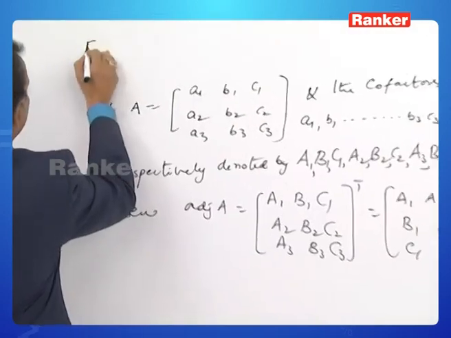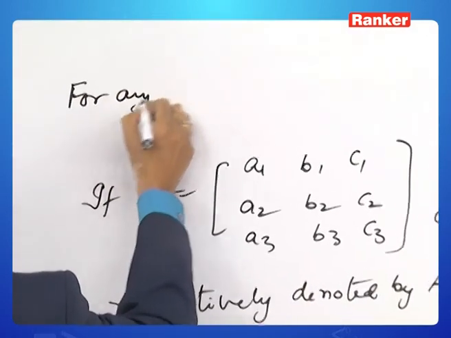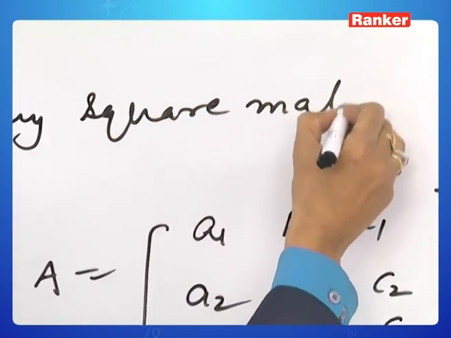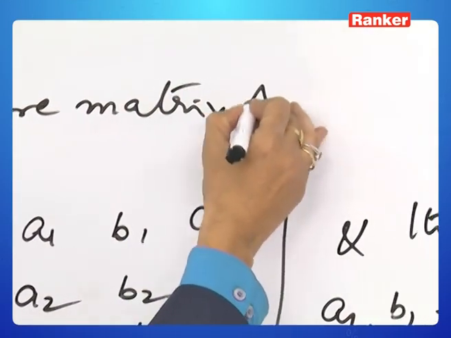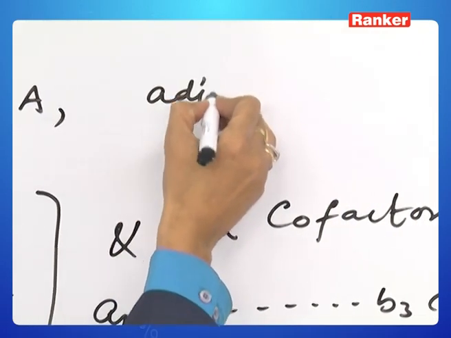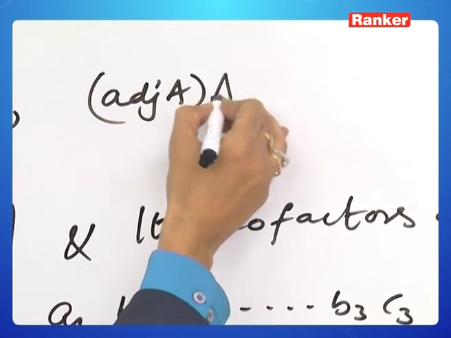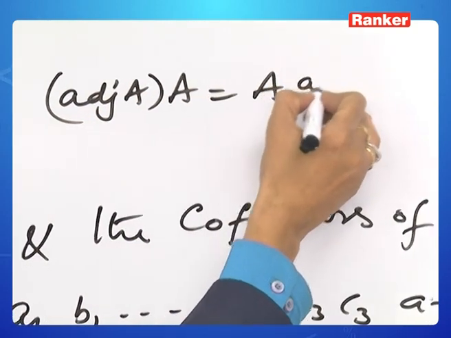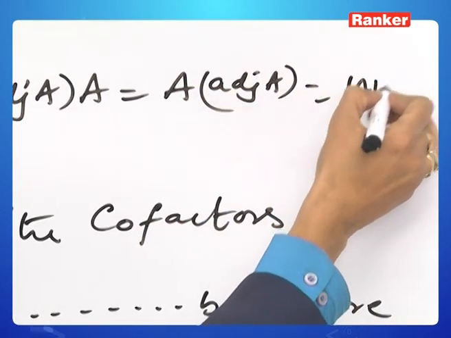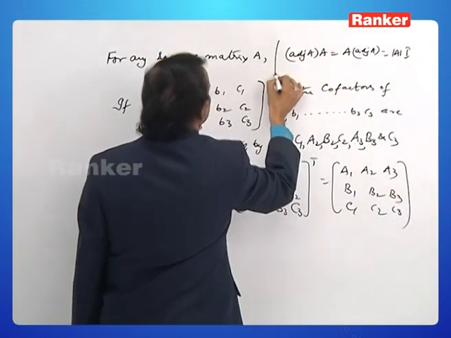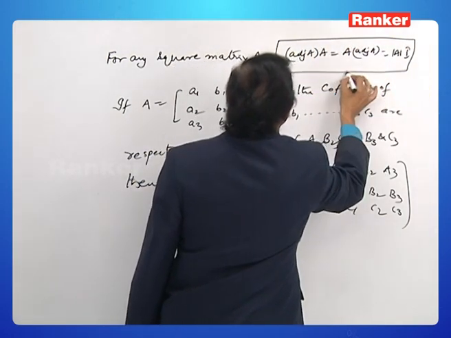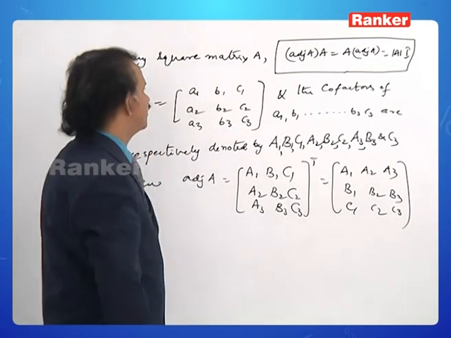For any square matrix A, adjoint A into A is equal to A into adjoint A is equal to det A into I. This is the most important, most standard, most popular and useful result.